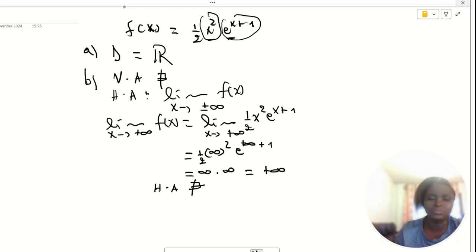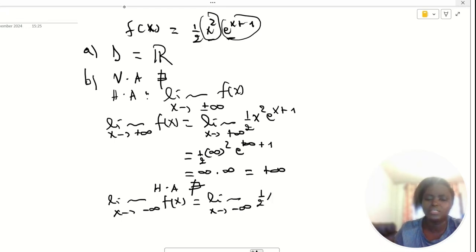But what about when x tends to minus infinity? Let's see. The limit when x tends to minus infinity of f of x will be equal to the limit when x tends to minus infinity of 1 over 2 x squared e power x plus 1.